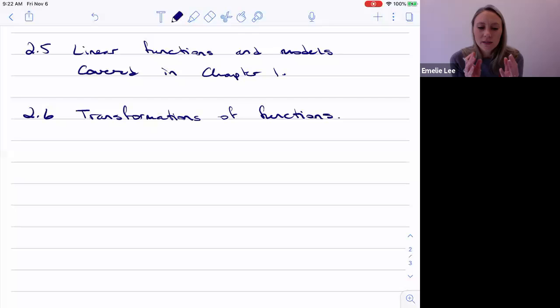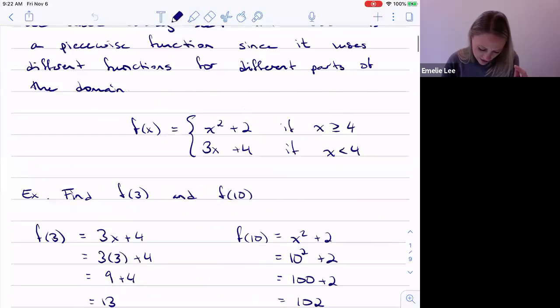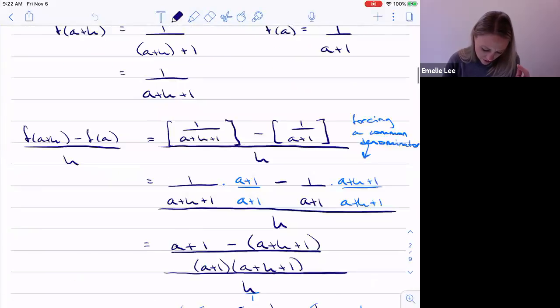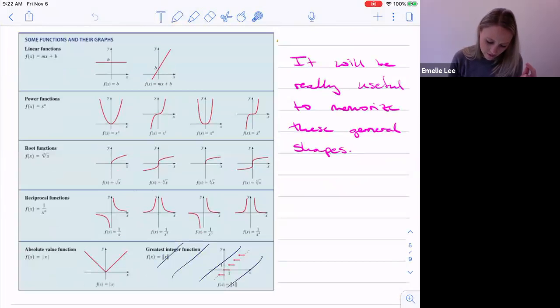The idea with the transformation of functions is that you start with your core function. Remember last day we talked about these core functions, and I said it'll be really useful to memorize these general shapes, so that we know when we're transforming this thing.